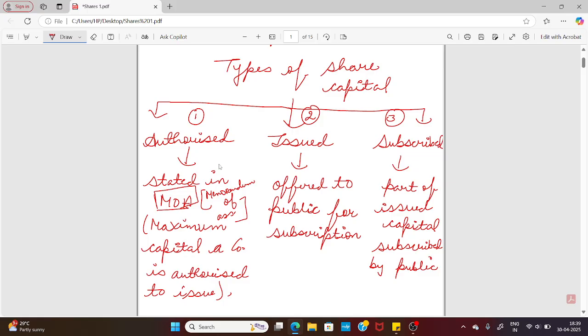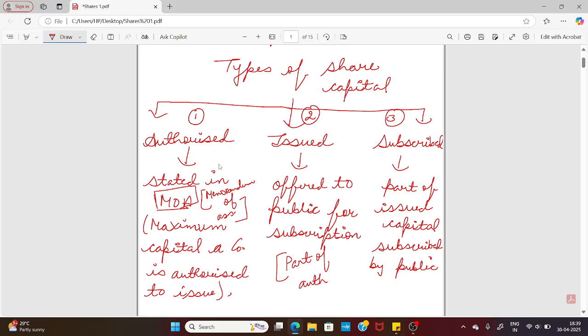The second that we have is issued share capital. Now, what is issued share capital? It is the part of authorized capital which the company offers to the public for subscription. Issued is basically a part of authorized capital.